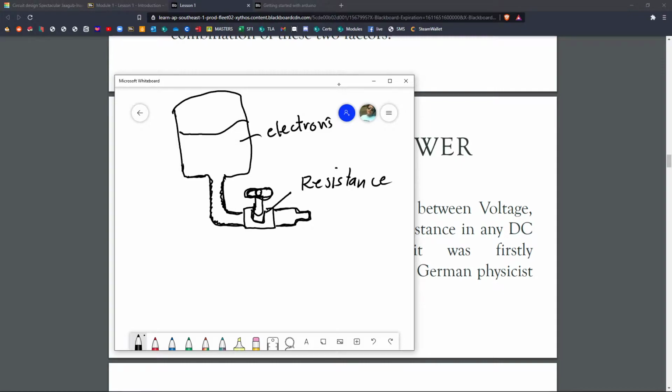Now, if you notice, the tube has an uneven shape. So the flow is what we consider as current, or electric current.